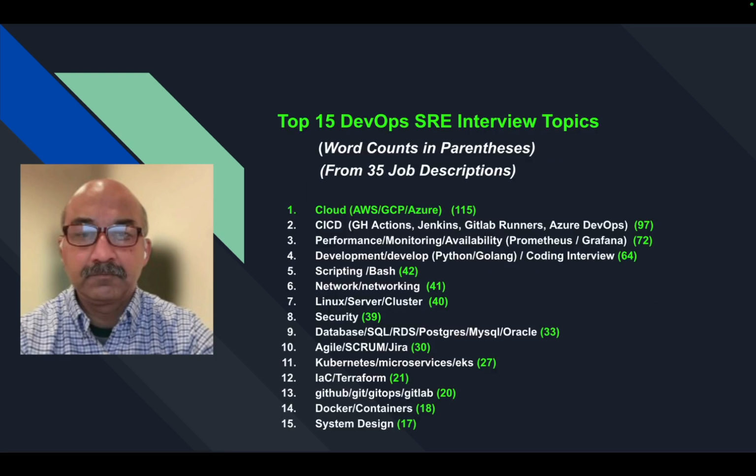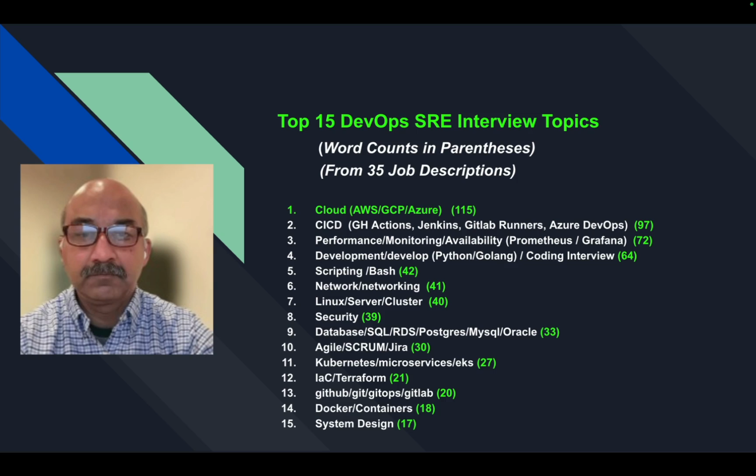Okay, so you may know from my other videos that I did some research on DevOps and SRE job descriptions. Out of 35 jobs, these are the keywords that came up from those 35 job descriptions, like the cloud or AWS or GCP came out 115 times, and towards the bottom you see system design came up 17 times.